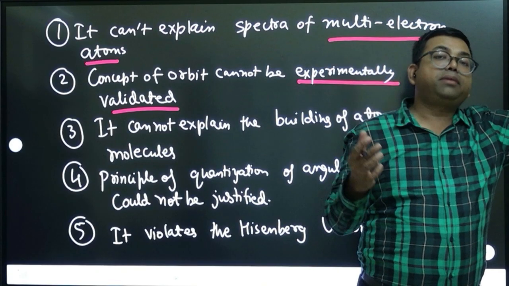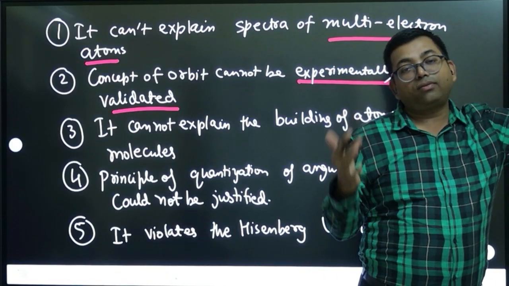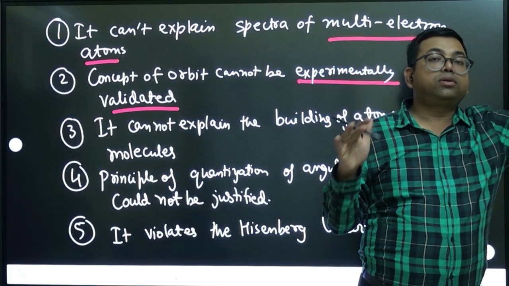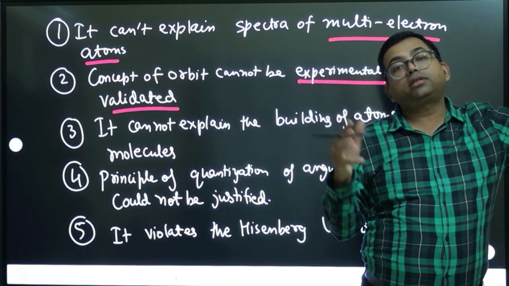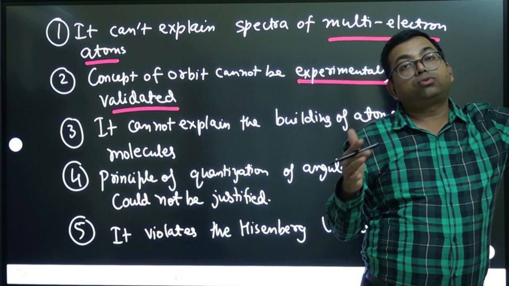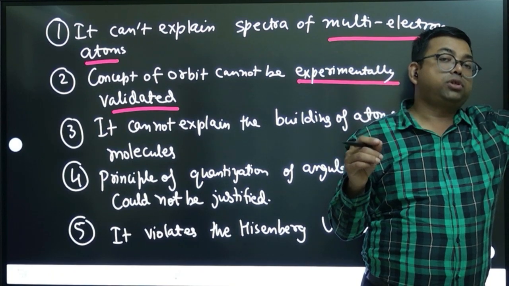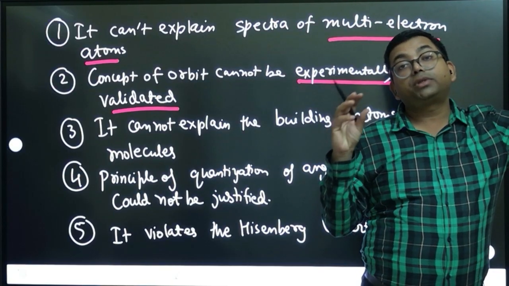Such a small particle behaves like a wave. Bohr's model failed because the Schrodinger wave model came, which properly explains the probability of the electron being at a particular place. It doesn't talk about exact position, but the probability of the particle being present there.